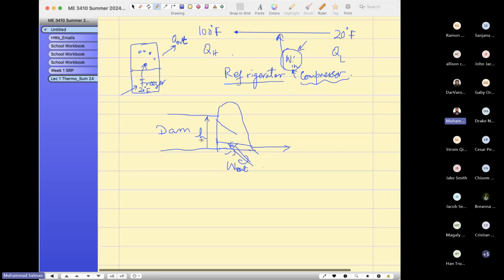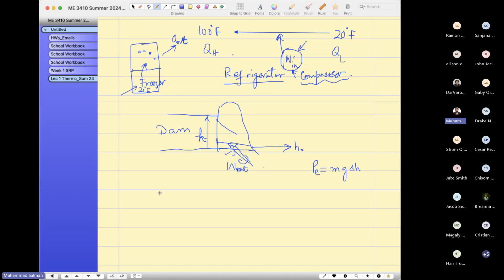Water flows from high elevation to low elevation. Now this is H0, and this is the pressure head, delta H. Potential energy is m g delta H.